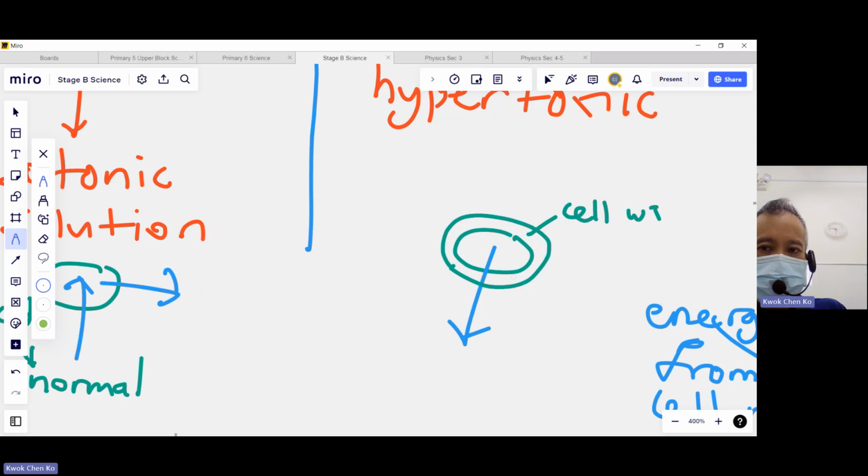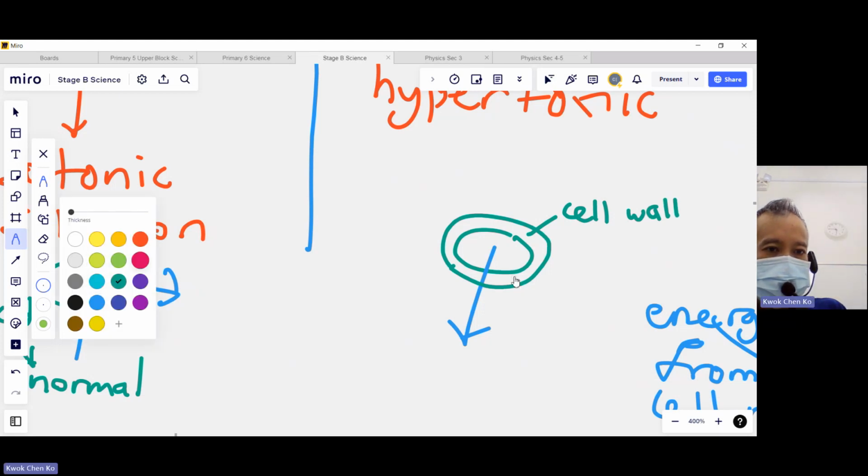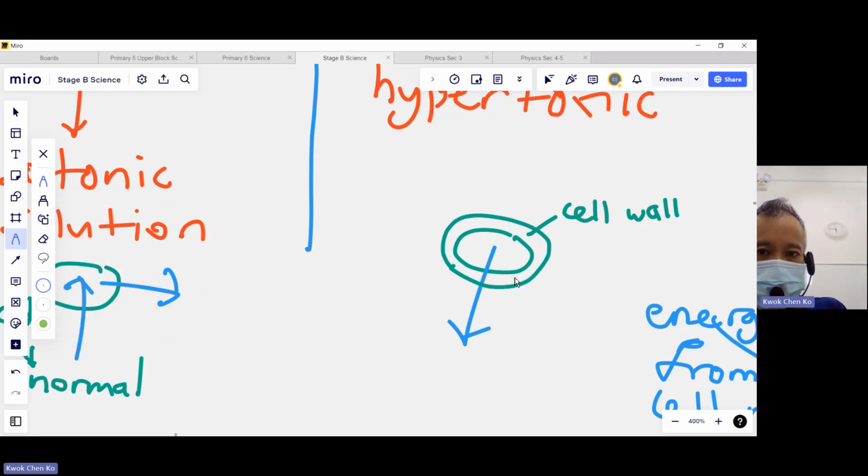But something will happen. Let me use another color. Guess what? The cell membrane will shrink. The cell wall will not shrink, but the cell membrane will. Basically your cell membrane detaches from the cell wall.